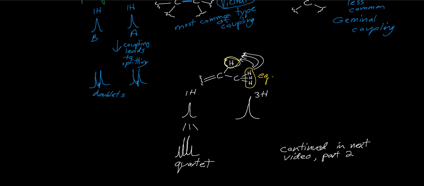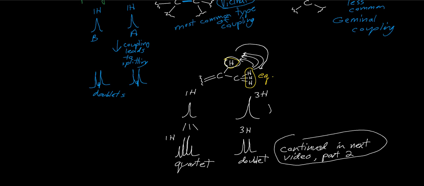The 3 hydrogens for the methyl give you 1 initial signal here, split once by its neighboring proton, only 1, resulting in 2 lines total, or a doublet. So in your spectrum somewhere, you would have a 3 hydrogen doublet and a 1 hydrogen quartet. And we're going to continue splitting analyses at the beginning of part 2 or the second video.